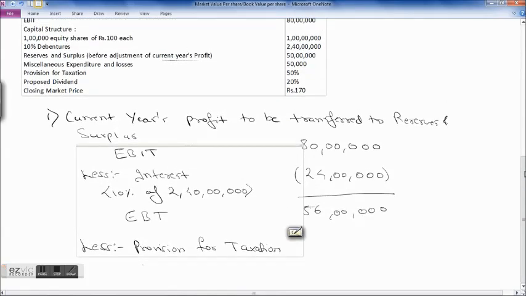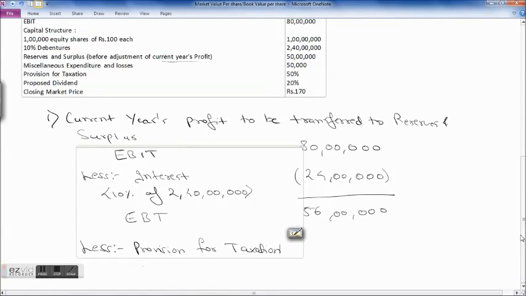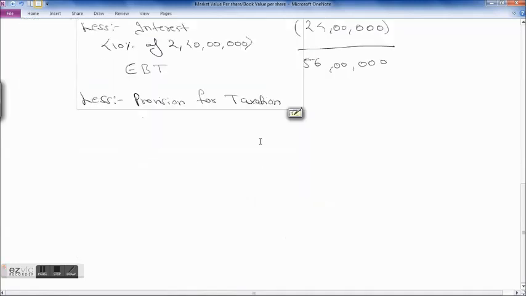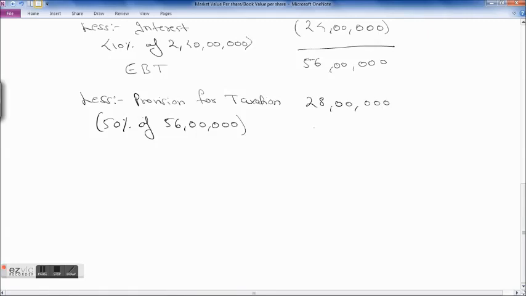It is 50% of 56 lakhs, so that comes to 28 lakhs. So your earning after tax is 28 lakhs, earning after tax but before appropriation. Appropriation is distribution of dividend.